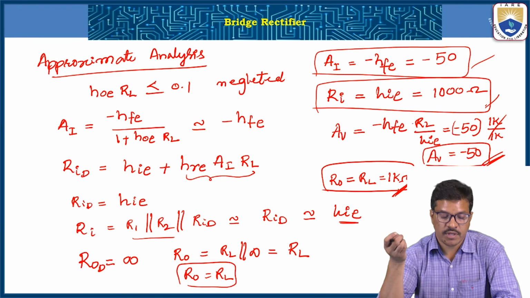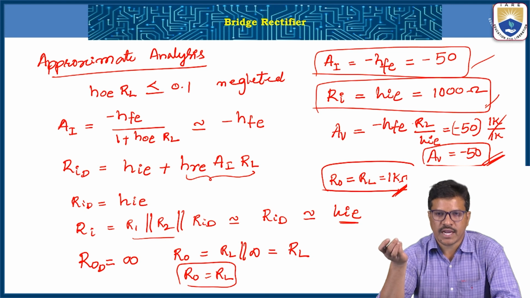So we just remember these formulas. AI is equal to minus HFE by 1 plus HOE into RL. Input impedance RI is equal to HIE plus HRE into AI into RL. Voltage gain AV is equal to minus HFE RL by RI. And output impedance is the reciprocal of output admittance.